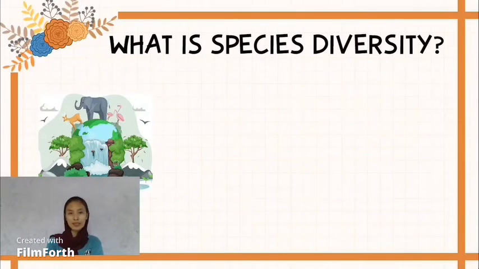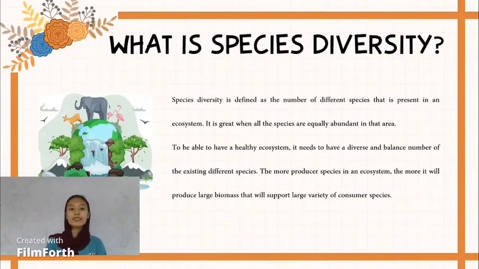What is species diversity? Species diversity is defined as the number of different species that can be found or that is present in an ecosystem. It is great when all the species are equally abundant in that area. And the diversity in species is very important in both biological, economic, social, and cultural responses.